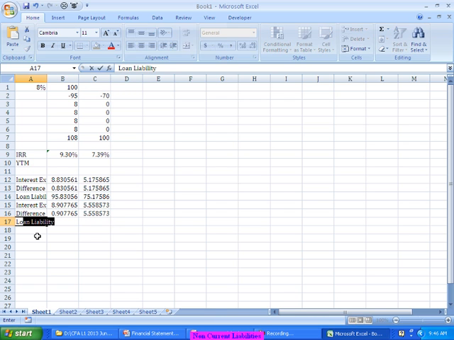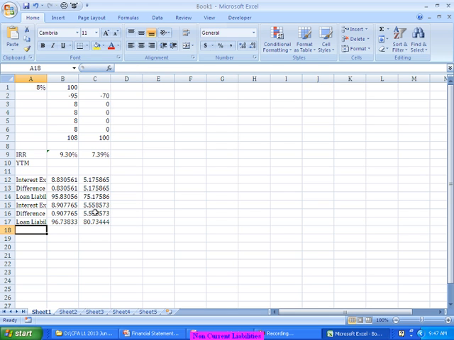So at the end of second year, my loan liability will become how much? 95.83 plus 0.9. Right? 96.73 will become the outstanding now. Whereas in this case, this is the outstanding.